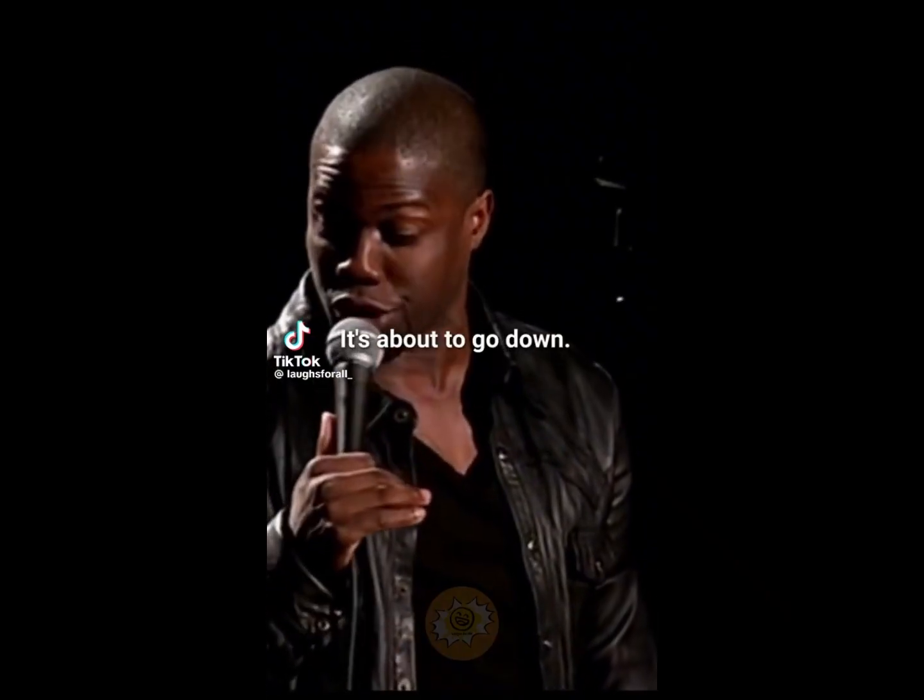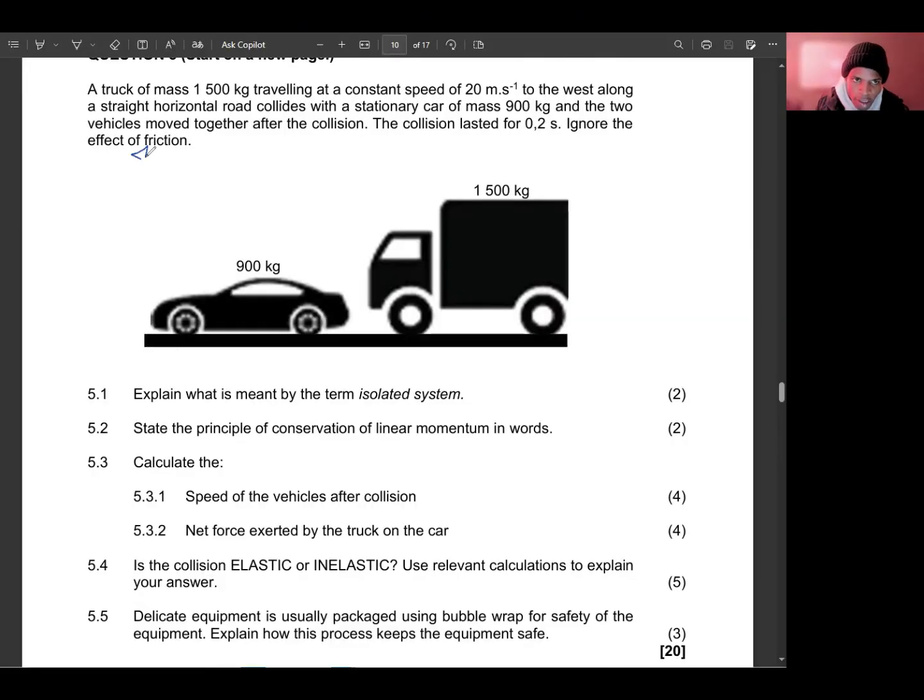Then this is sum of momentum initially is equal to sum of momentum finally, which will then become M1 V1 plus M2 V2. But then check this one out. As soon as they're now coupled together, you need to then consider that they will have the same final velocity, right? So if they're moving together as a couple, they should have the same velocity finally.